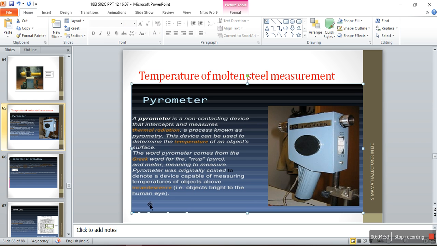That's the pyrometer introduction. Generally, it's a non-contacting device that measures thermal radiation. That is the main concept in the pyrometer.